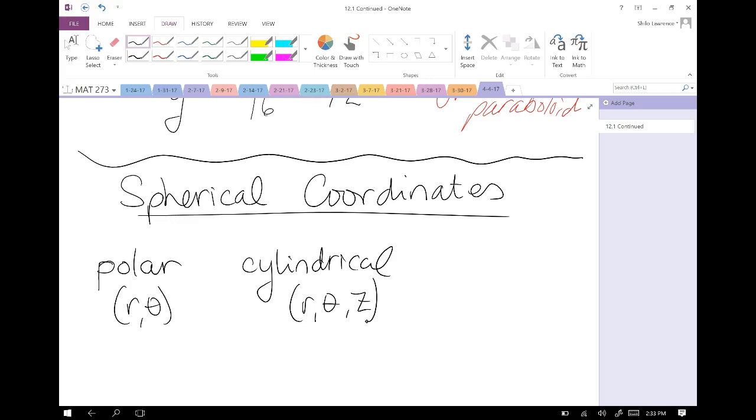Spherical is very similar to the latitude-longitude system that we use on Earth. Latitude-longitude has angles for how far east and west you're going, how far north and south you're going from the prime meridian and the equator. So it's very similar to that, except in spherical, we don't use the prime meridian and the equator. We would use our axes.